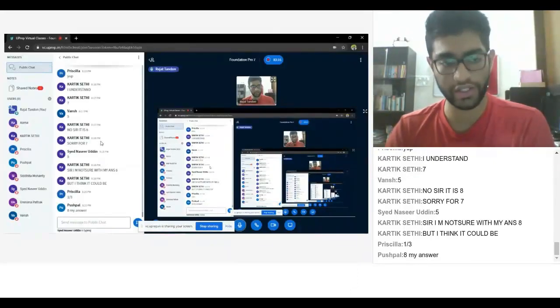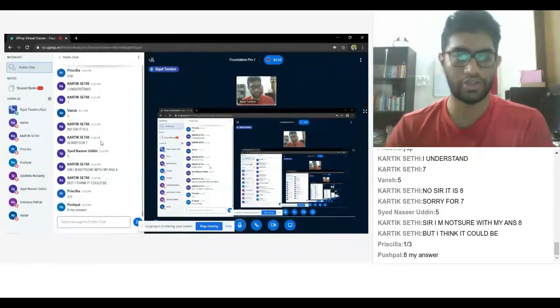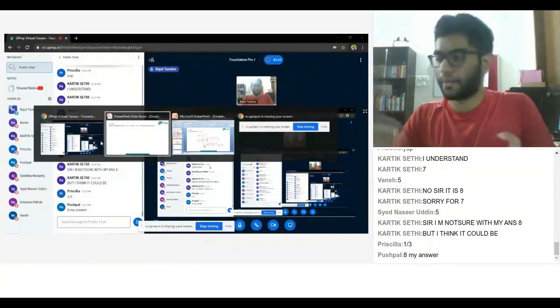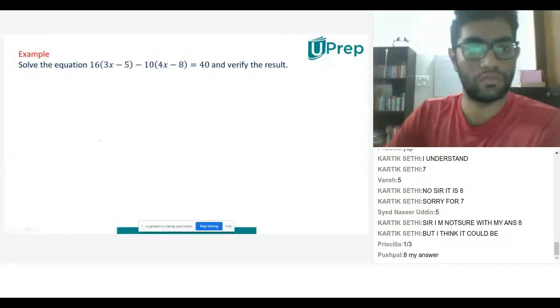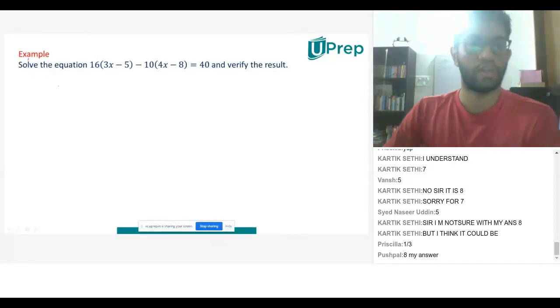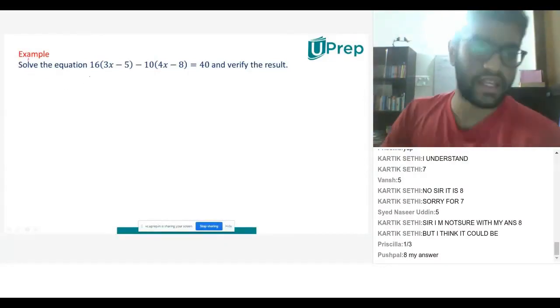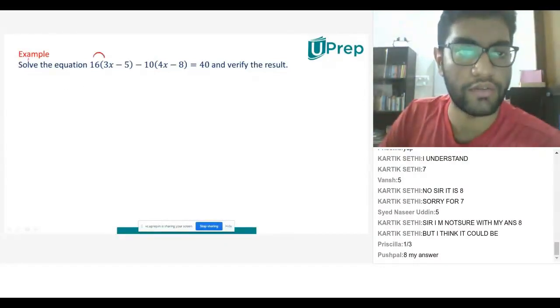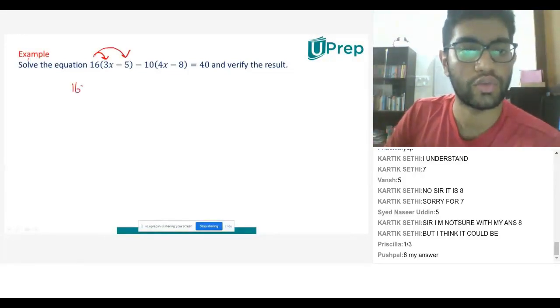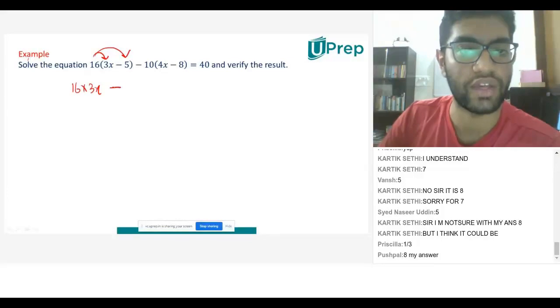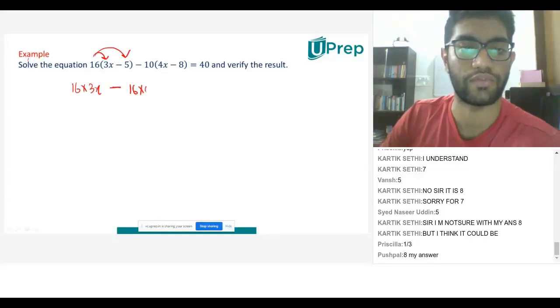Okay. I've got 2 8s. I've got a 5. I've got a 1 by 3. Let's see how it is to be done. 16 into 3x. This is to be multiplied with this. This is to be multiplied with this. 16 into 3x, minus is the sign, 16 into 5.